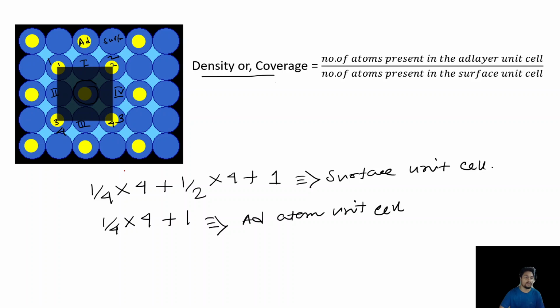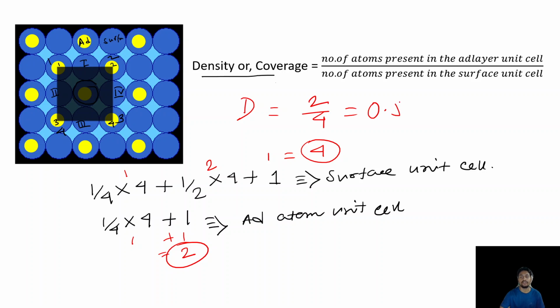So for the surface this is 1 plus 2 plus 1, that means a total of 4 surface atoms, and the total add atoms is 1 plus 1, which is 2. So the density will be 2 by 4, or 0.5. Right, this is how density is calculated.